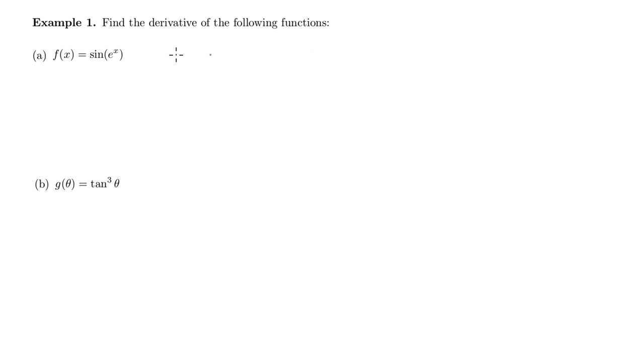So what I can do is I can think of sine of e to the x as sine of u, where u is e to the x. So we really have an outside function, sine of u, and the inside function that we're composing is e to the x.